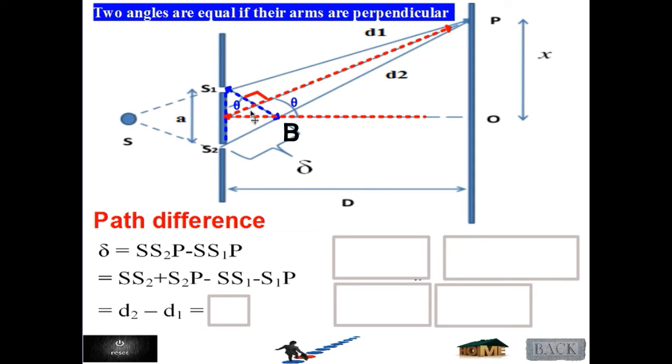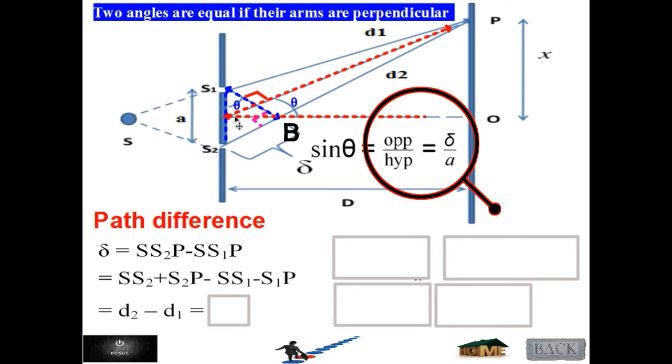Since theta is very small, because we are dealing with light interference and the angles are very small, what is sine theta of the blue angle? Sine theta is opposite over hypotenuse. The opposite of theta is S2B, which is delta, the path difference.